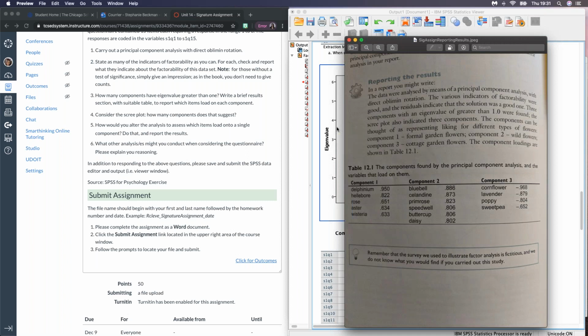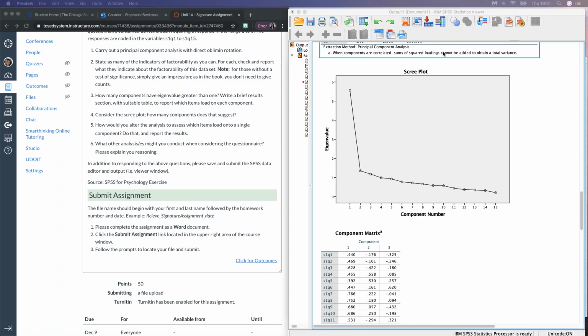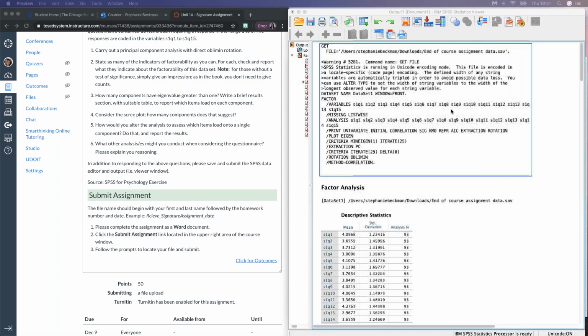So the short answer to that, let me flip through my pages to get where I need to go. Here we are. To answer that question, the simple answer is that we can force a single factor analysis. We're going to go through our factor analysis steps just like we did before, but we're going to change some things.